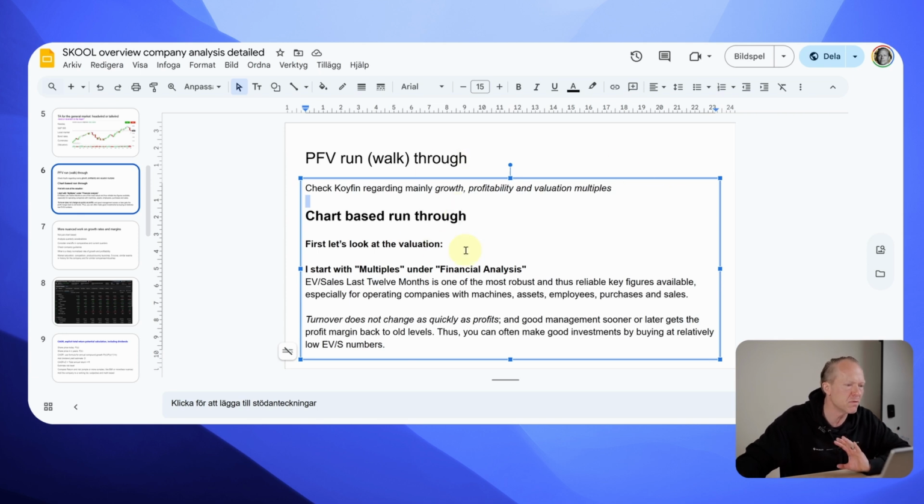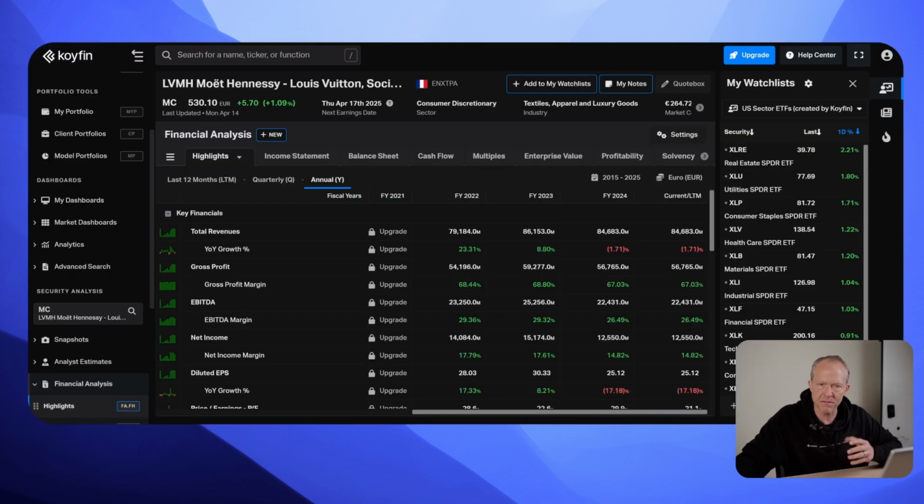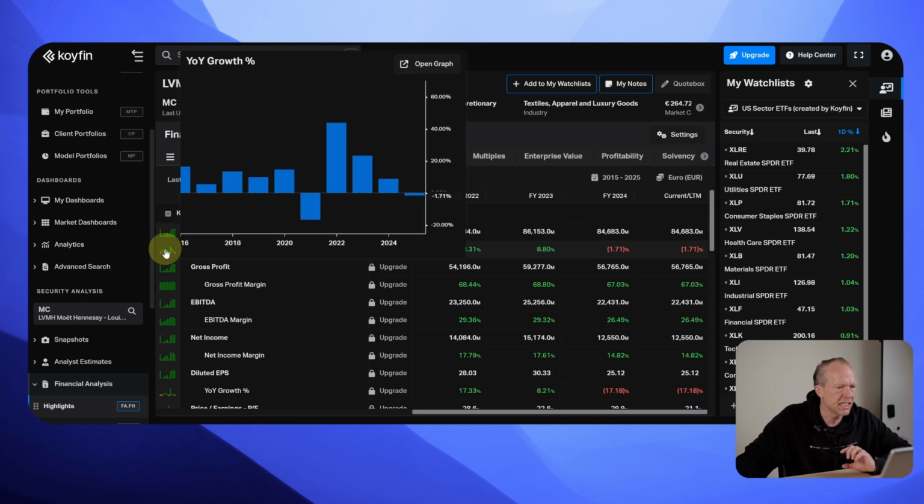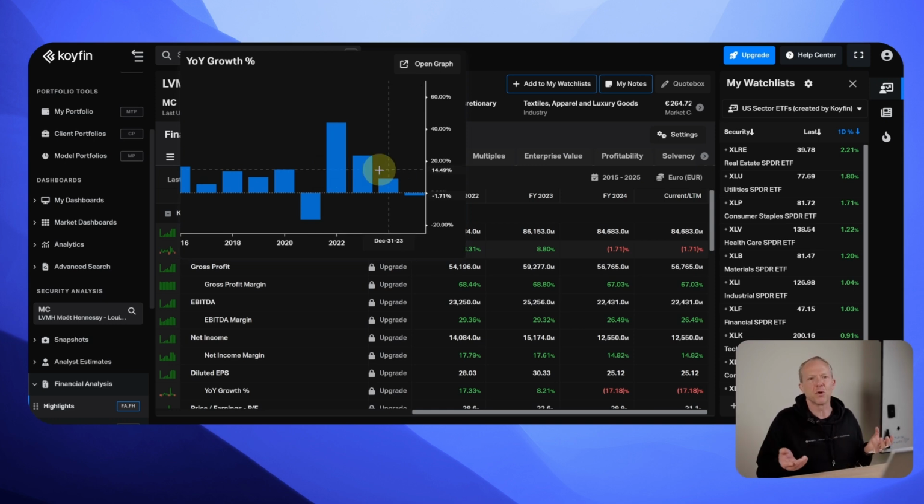But let's move over to Koyfin, which is my preferred source for the quick run through, and we can see here how the yearly growth rate for sales has been about 12% per year. Just a quick chart-based estimate of the likely normalized growth rate for LVMH.